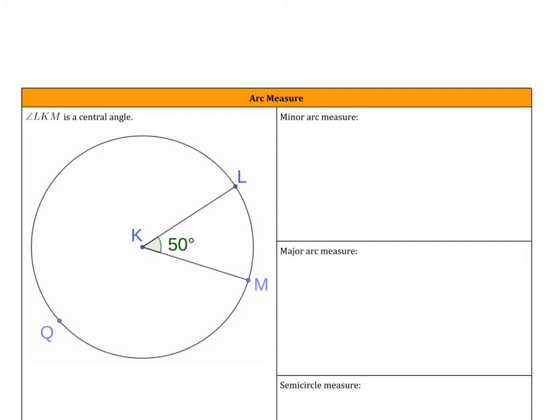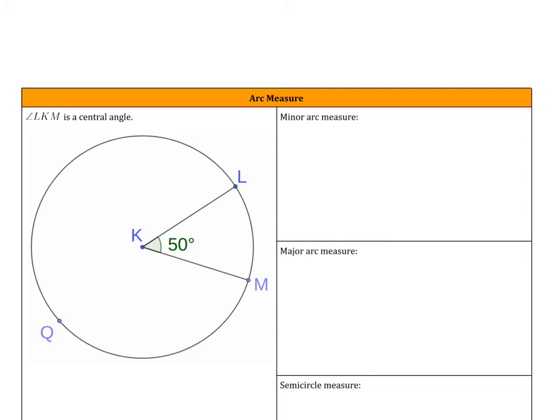First, we have the circle, and it has a central angle LKM. Again, this simply means that angle LKM has the vertex on the center. In the picture, they also tell us that angle LKM is 50 degrees. We're going to use that in just a moment.